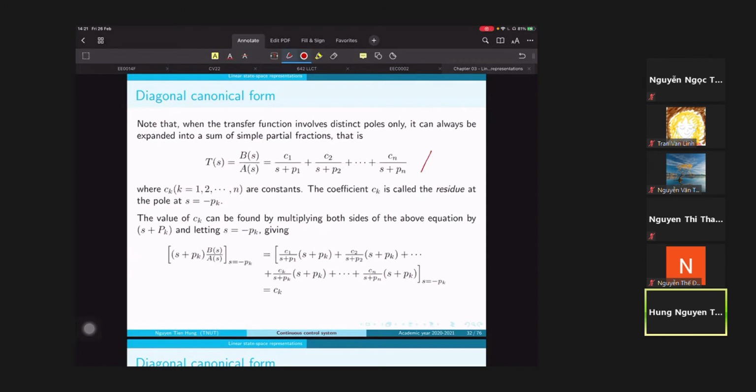If we have to find C1, C2, and Cn, we have to remember that in this form, Ck is a constant, and we call it the residue at pole s equal to minus Pk.